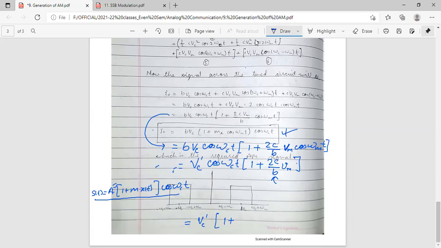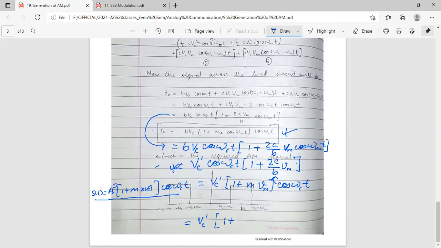When we compare this equation with this part, we can convert that expression as Vc dash 1 plus m Vm cos of omega ct.